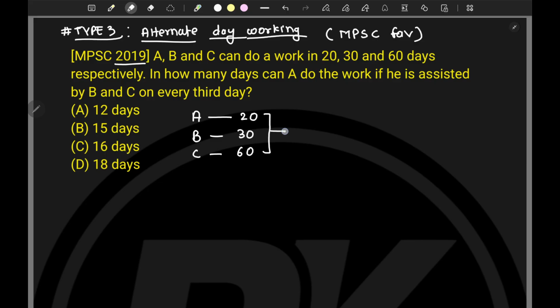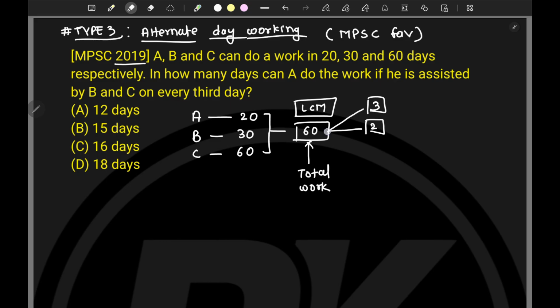What we generally do is find the LCM, and the LCM here is 60, and we assume that this 60 is the total portion of the work. Hence in one day A can complete 3 portions of the work, B can complete 2 portions, and C can complete only 1 portion.